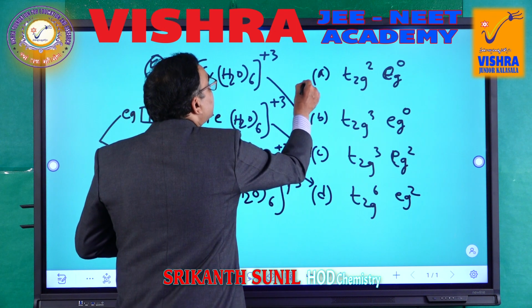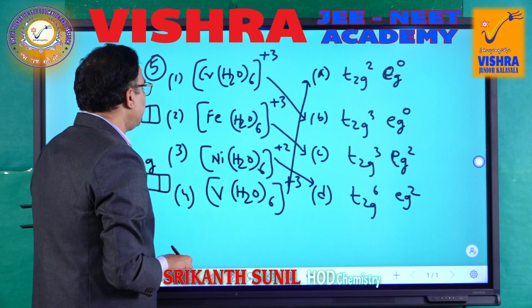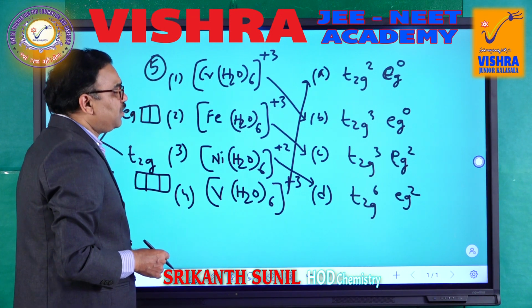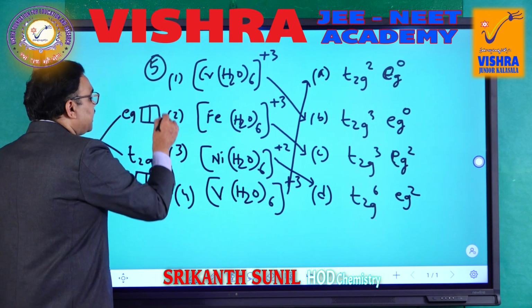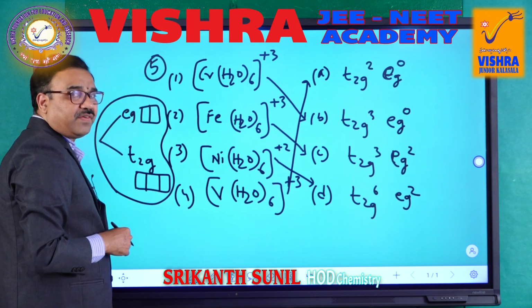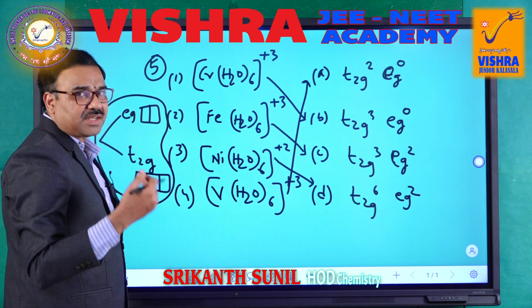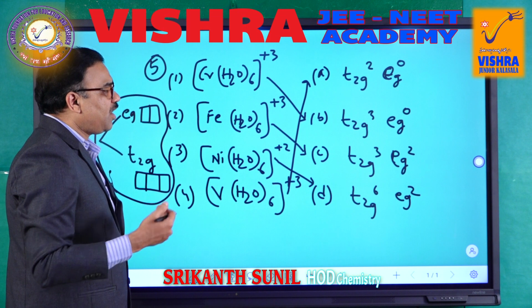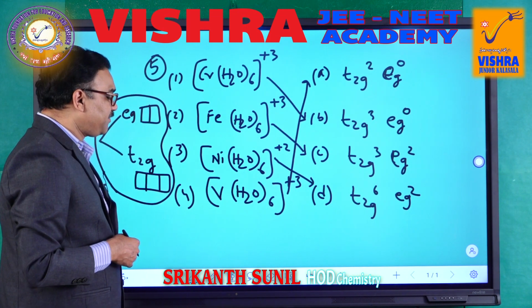And fourth one is matched to the first one. This is the match of 1, 2, 3 and 4 with A, B, C, D. Like that we can write the electronic configuration or crystal field splitting. So I think all of you understood this. Based on crystal field splitting, the complex compounds are explained like this. This one is the 5th question, dear students.